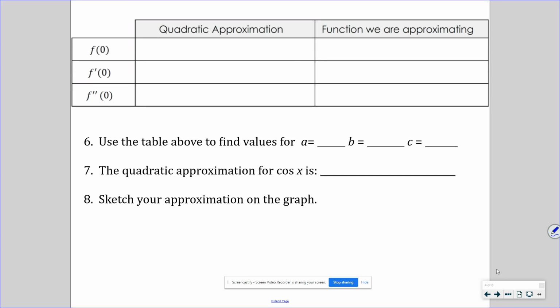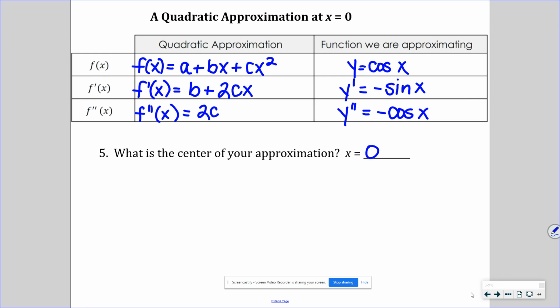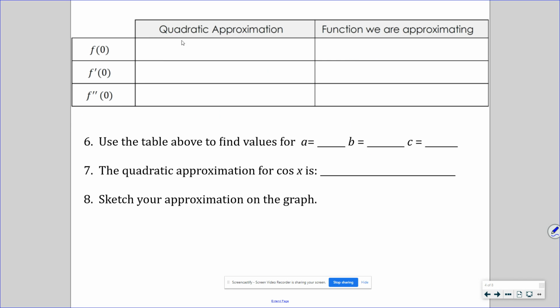Okay, quadratic approximation. What we're going to do now is go back and use these equations and plug numbers into them. For f of 0, we're plugging 0 into that quadratic equation everywhere that we see an x. That's going to give us just a, because the other terms would go away. Over here, we're plugging 0 into our cosine function, which would give us 1.